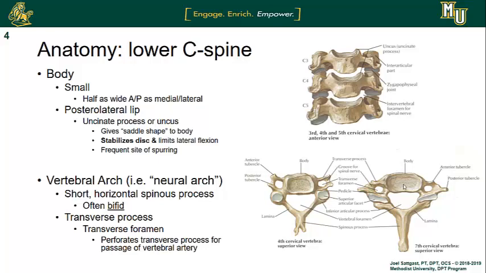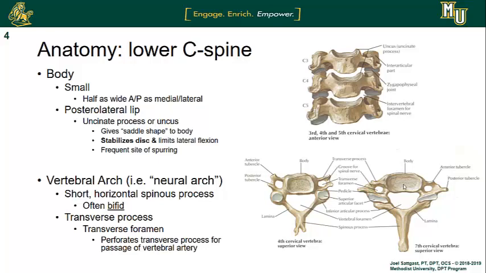And so when we say spurring, we mean osteophyte formation, which would lead then to not only a loss of range of motion, most notably in lateral flexion, but could also begin to create a little bit of an issue within the transverse foramen, which is where we would find the vertebral artery and even into the intervertebral foramen. So we just need to be mindful of that.